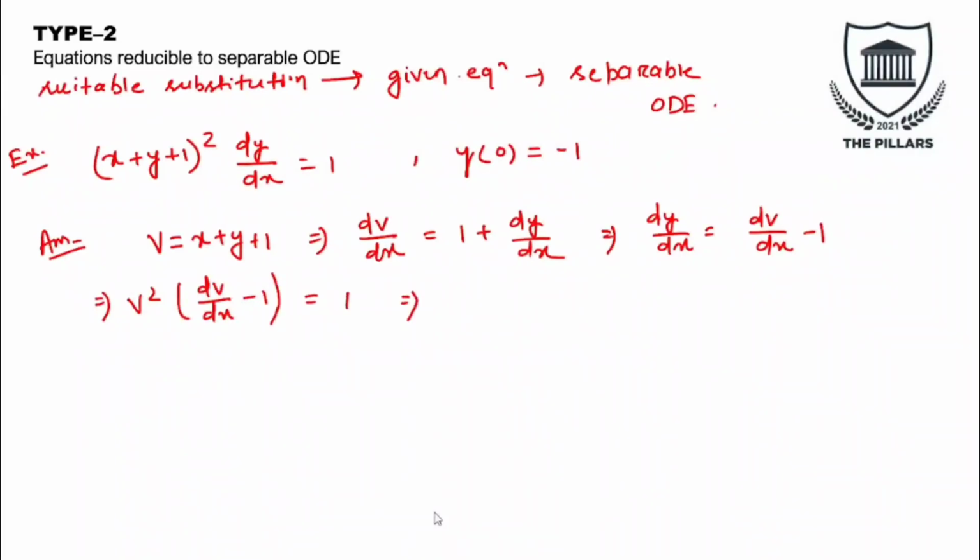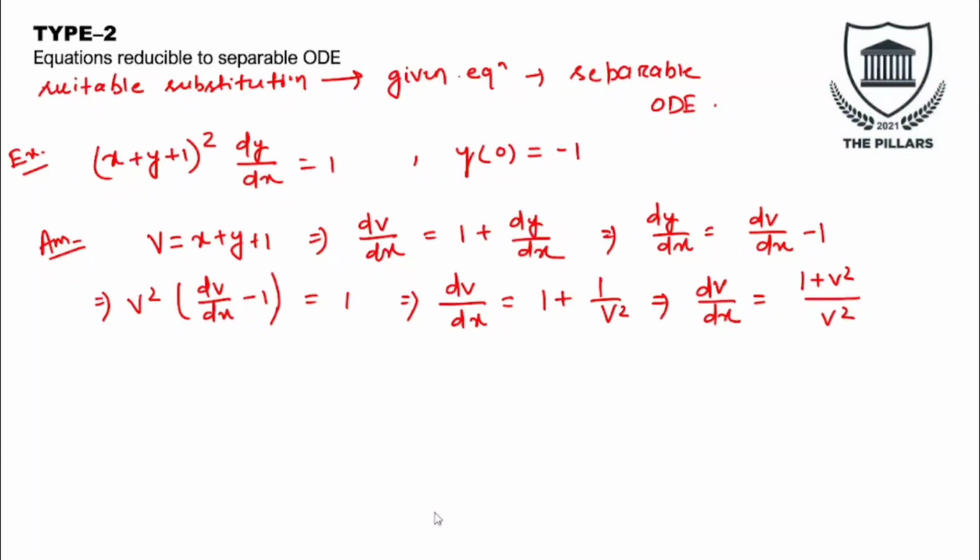Now we can rearrange this. This becomes dv/dx, we can take v^2 here, it will be 1/v^2, and -1 becomes a +1 on this side. So we can write 1 + 1/v^2. Now again we can write dv/dx is equal to (1 + v^2)/v^2.